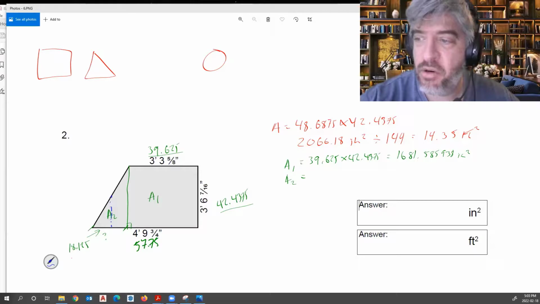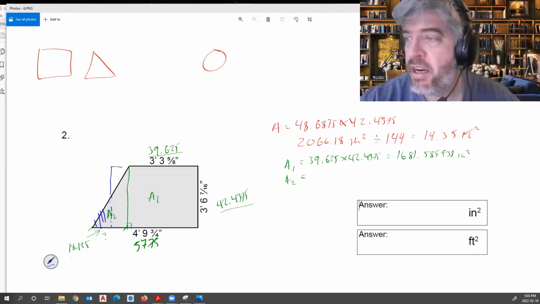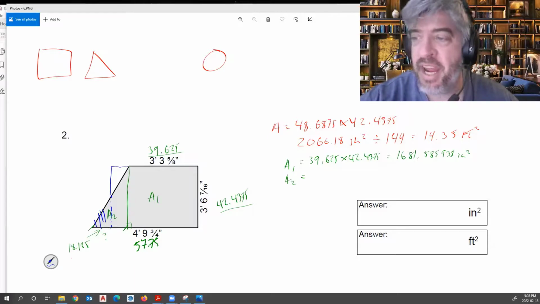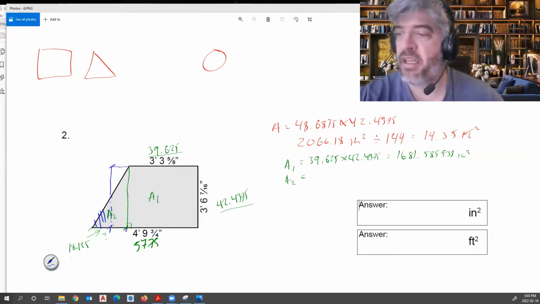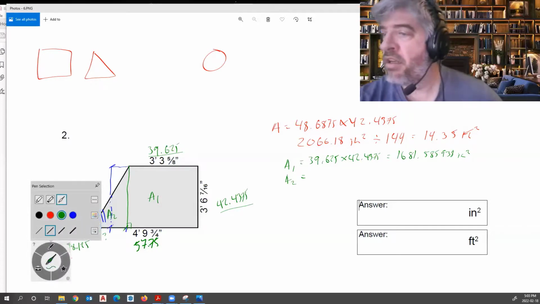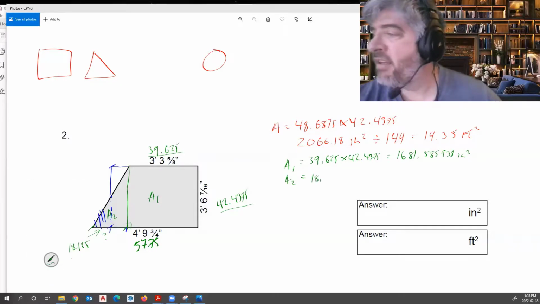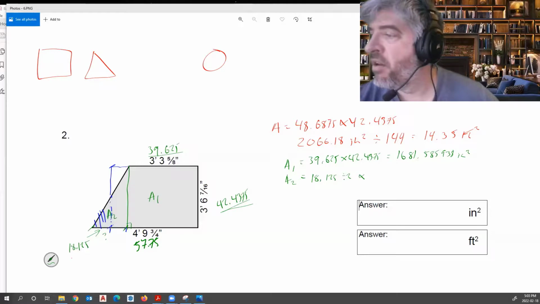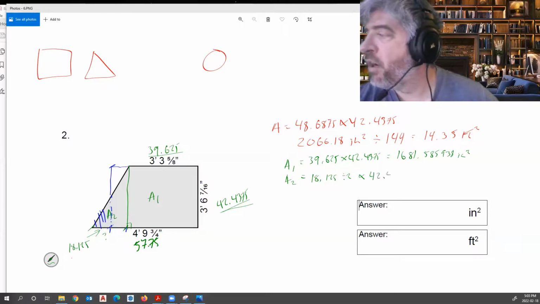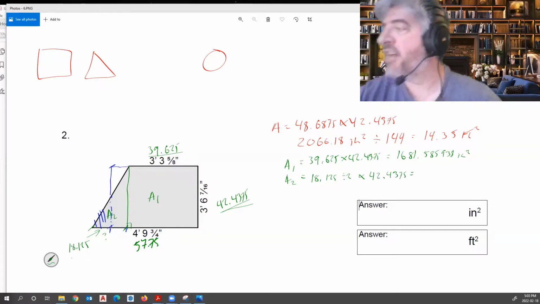So if I take this bottom triangle and cut this part out, it's going to move up here, which means I just end up having a rectangle that is half of that triangle's base times the height. So in this case, it would be my 18.125 split in half times the height, which is 42.4375.